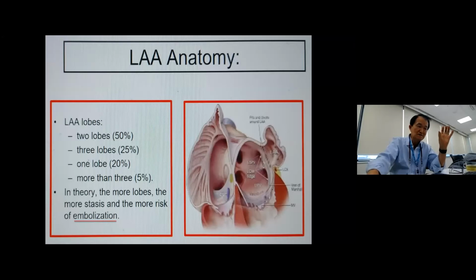So we can sometimes see a hotspot. The clinical problem is that if we have more of these lobes, there's a higher chance of embolization. This blood clot can move to the lung or brain.